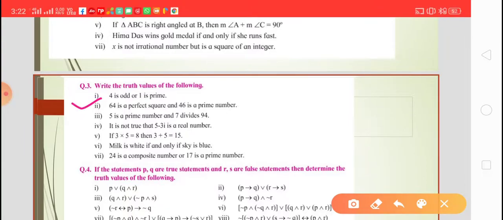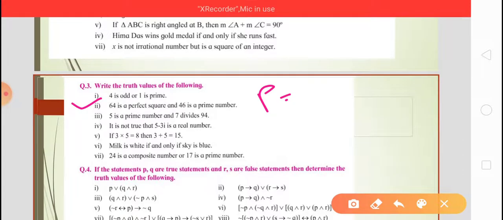What is that? 64 is a perfect square and 46 is a prime number. So write down the P statement: 64 is a perfect square. Yes, 64 is the square of 8. It means it is true. And next, 46 is a prime number.